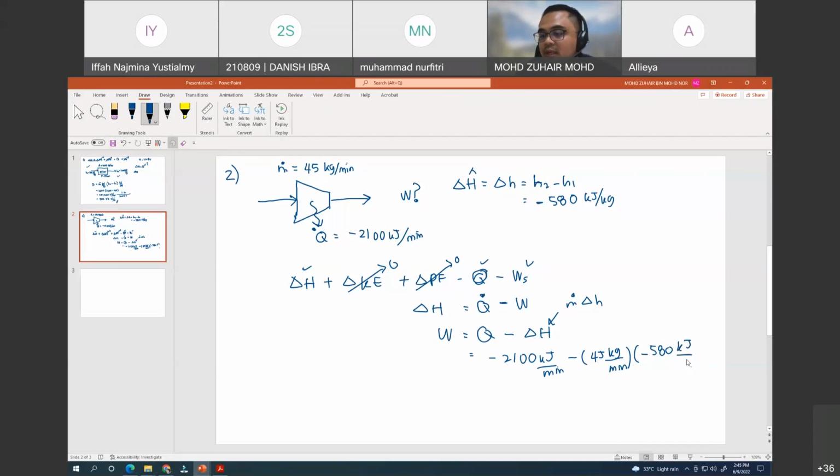So we can cancel the kg, and it's going to be kilojoule per minute. At the end, you're going to get negative 24,000 kilojoule per minute. Betul tak?